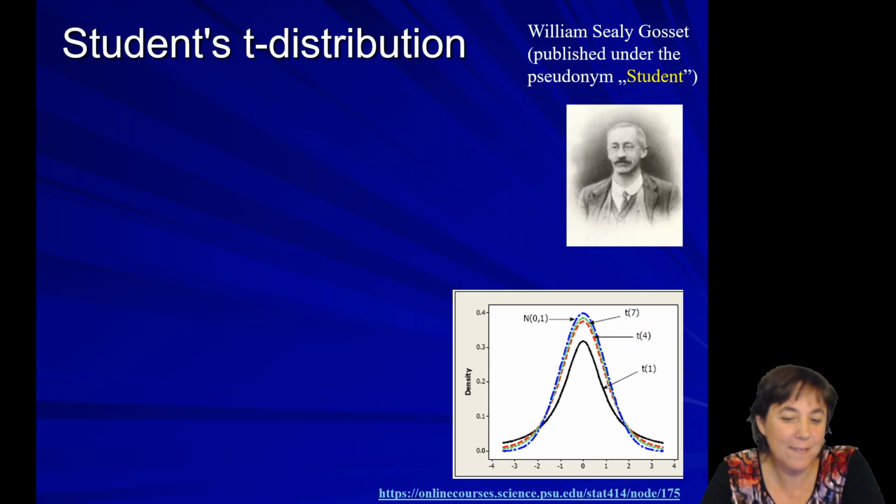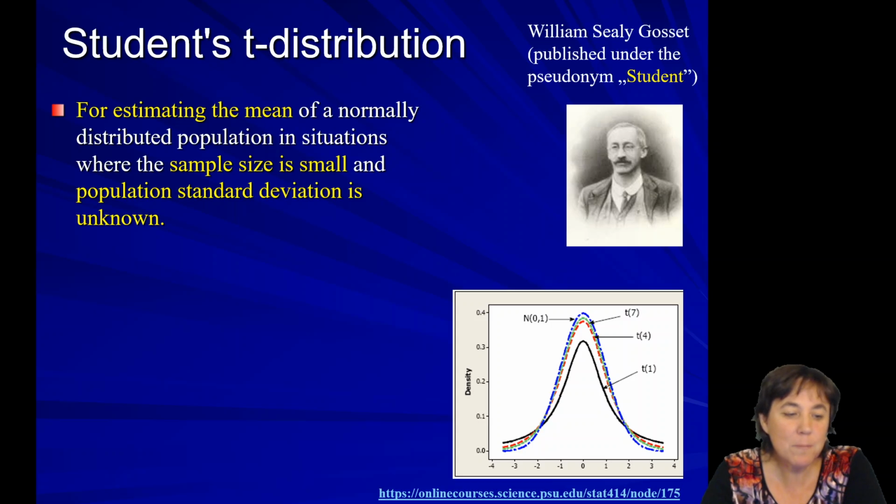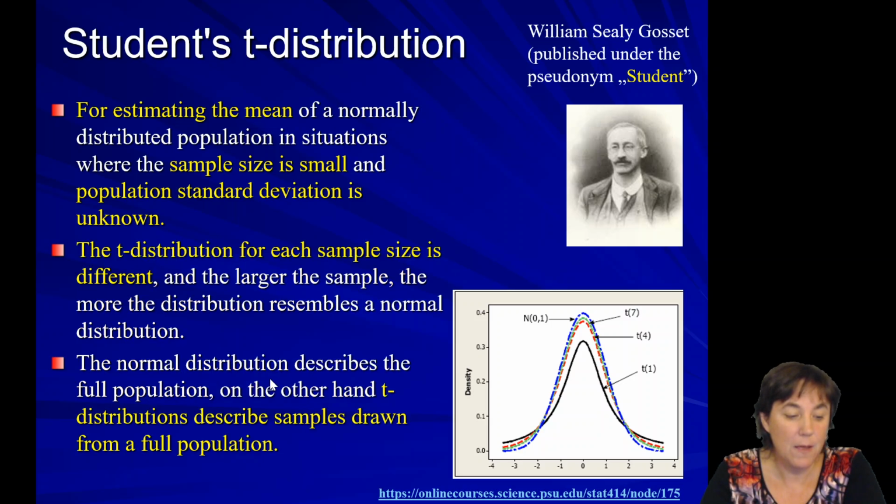So let's take a little detour to William Sealy Gosset, who published under the pseudonym of Student, thus the Student's t-distribution. He simply realized that when we estimate a mean of a normally distributed population in situations when we don't have the exact same sample size, then these distributions can be very different.